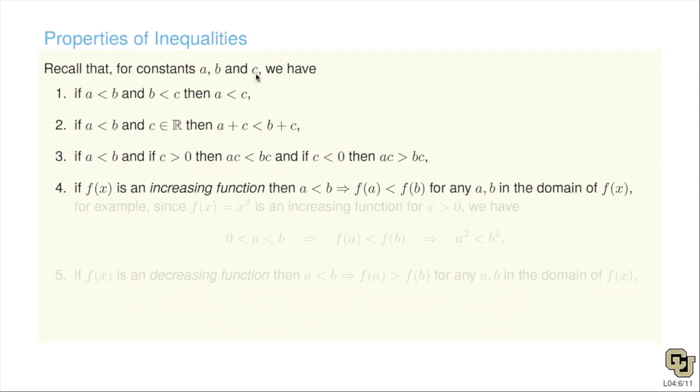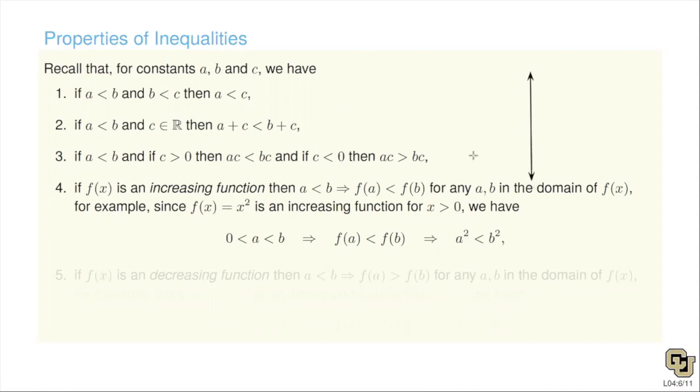So let me just remind you, if f is an increasing function, then we have this property: a less than b implies f of a is less than f of b. So I did an example here with x squared. I wanted this example to be a little bit tricky, so I purposely picked it.